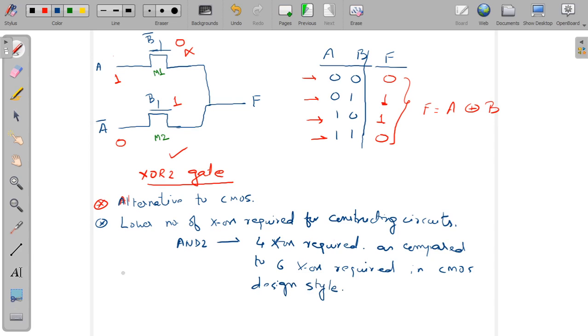And you can compare actually with the other gates, for other gates also.